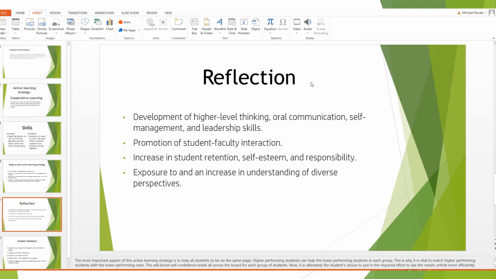Also, it promotes student-faculty interaction. The students will interact with the teacher when necessary for questions or guidance, or if the group as a whole gets stuck, there's good interaction there with the teacher. And also a good increase in student retention.